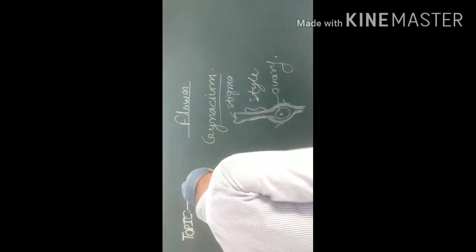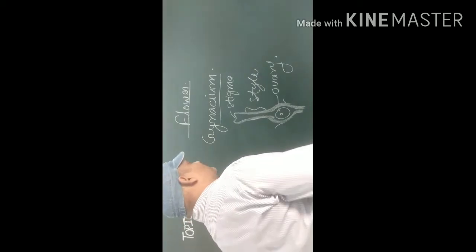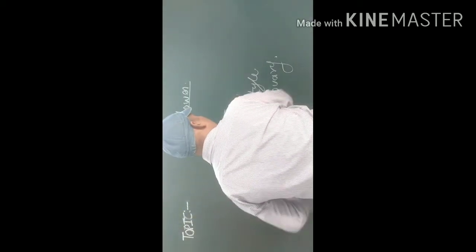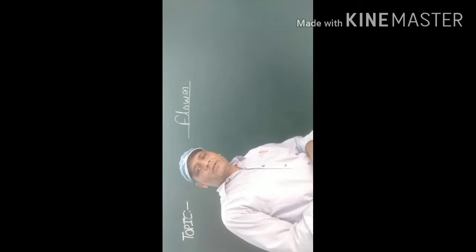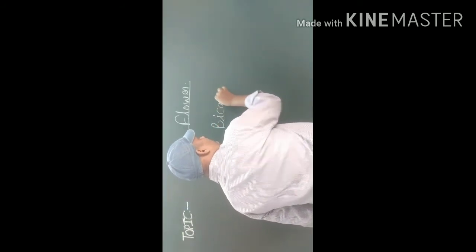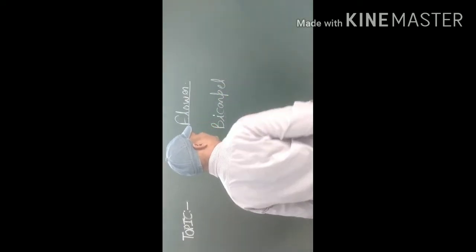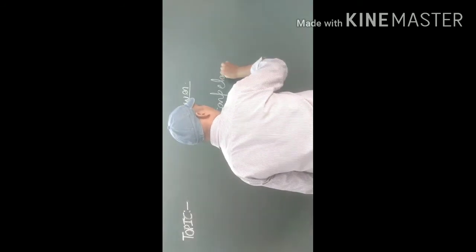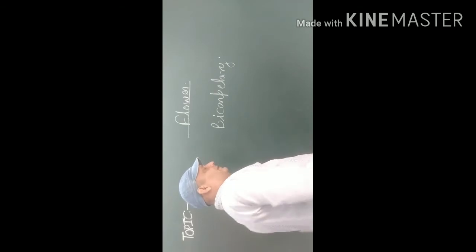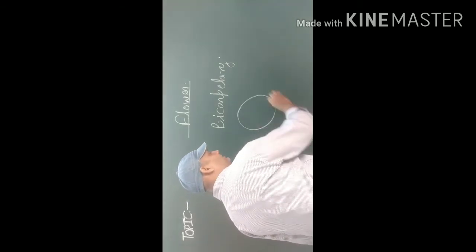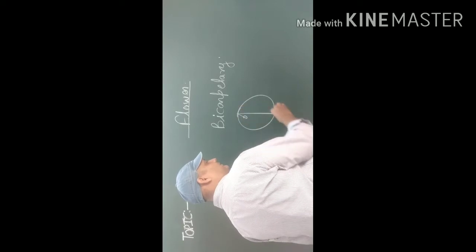Next, the gynoecium is composed of carpels. Based on the number of carpels, various terms are used. When two carpels are present, it is known as bicarpellary.